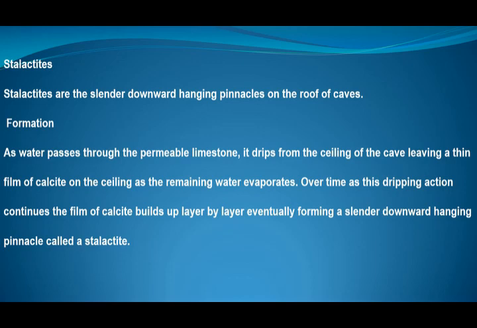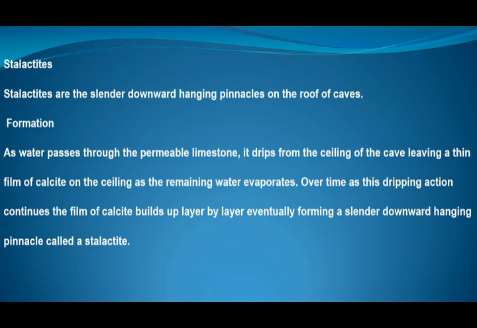Now, the stalactites are these slender downward hanging pinnacles on the roof of caves. These are formed when water is dripping from the roof of the cave, right? So the water is coming through the limestone. When it reaches the roof of the cave, it's going to drip from the roof. The water remaining on the roof is going to be evaporated, leaving a thin film or sheet of calcite.